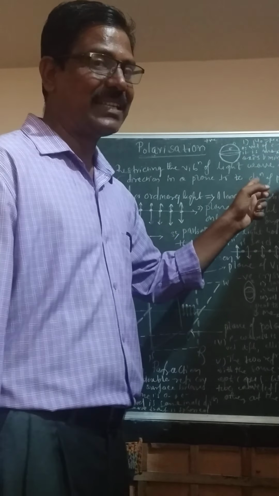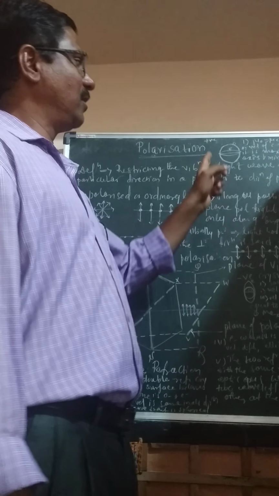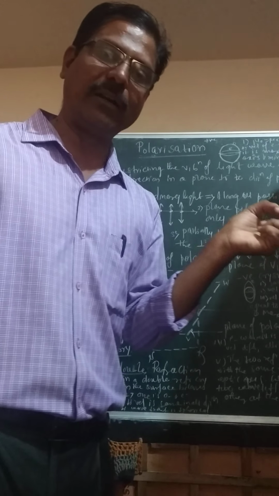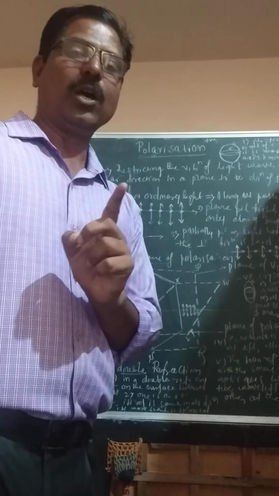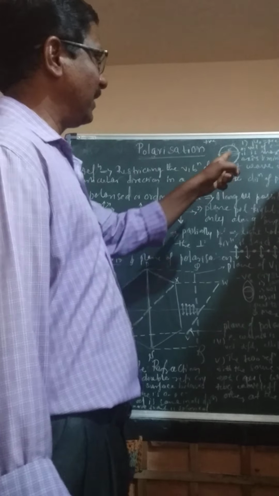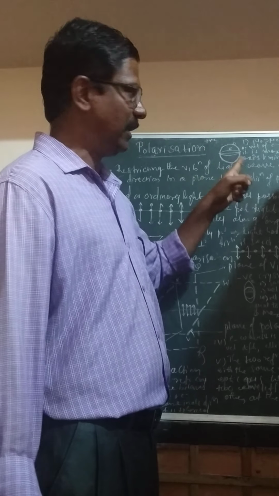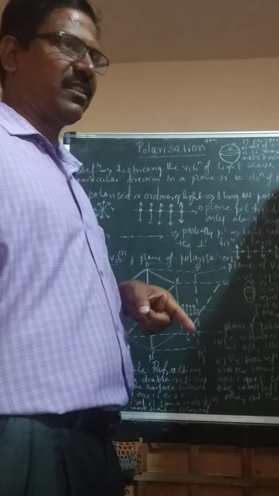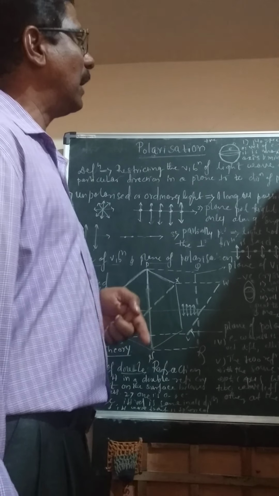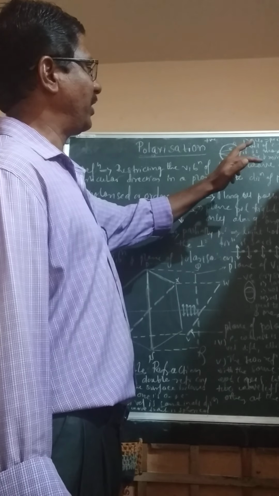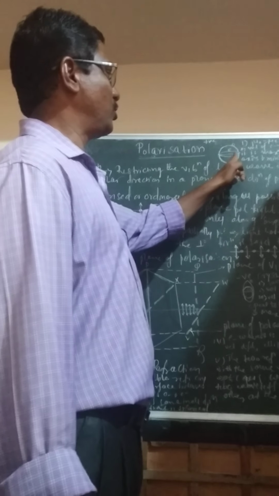In negative crystals, the velocity of the extraordinary ray is minimum and equal to that of the ordinary ray along the optical axis. But in this case, it is maximum along the optical axis, but minimum in the directions perpendicular to the optical axis. So this is the behavior taking place inside a positive crystal.